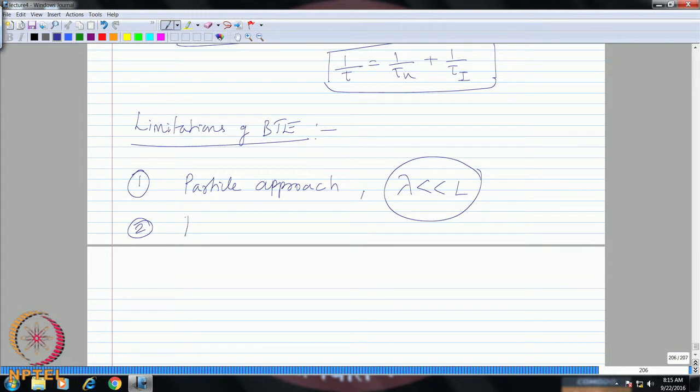It can be used for a dilute system of particles such as phonons, photons, electrons, and when we say molecules, it is only limited to gases. So these are applicable to gas molecules.